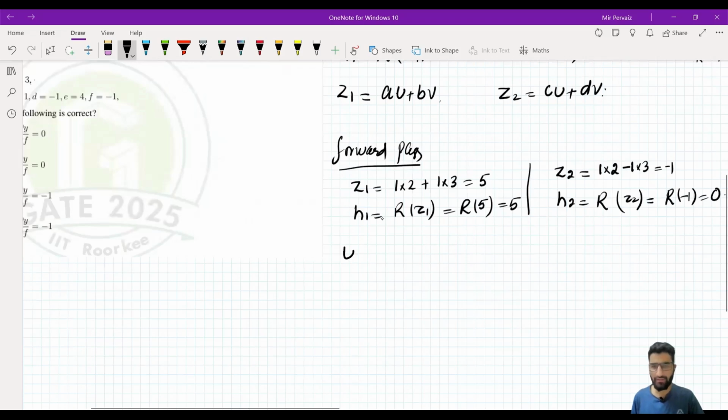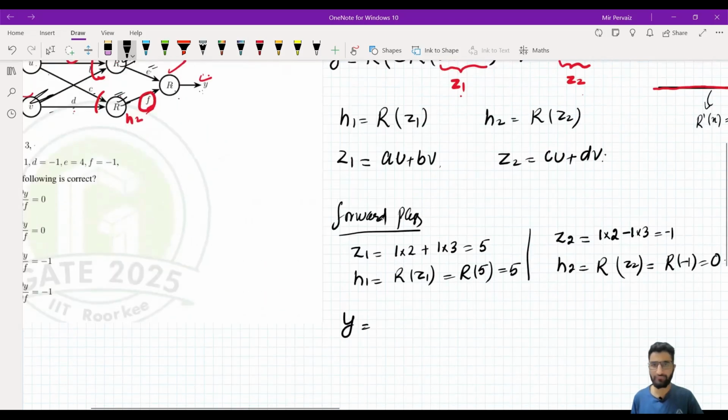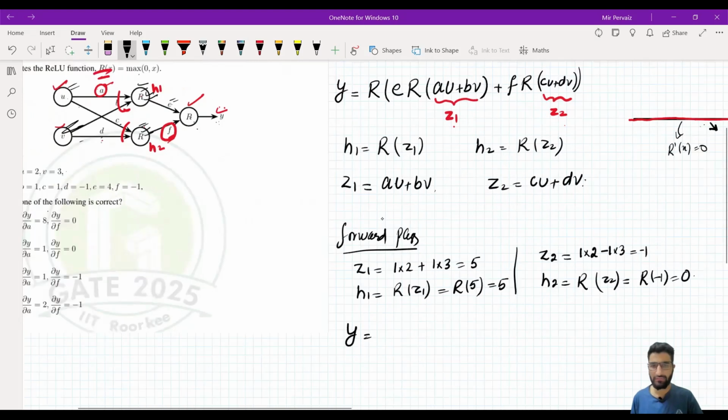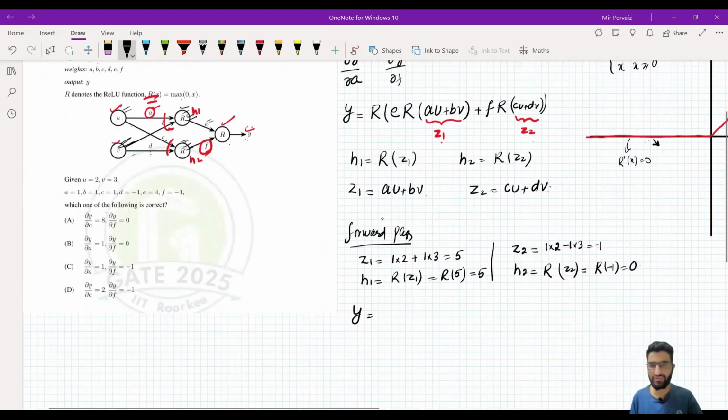Now our Y, what is our Y? Our Y is the ReLU function of these two. We can write it as ReLU of E times H1 plus F times H2.